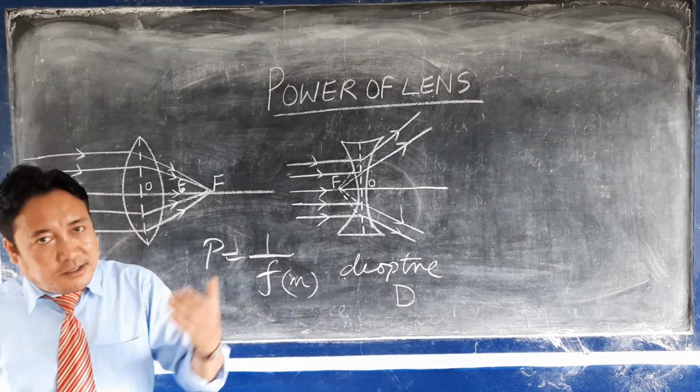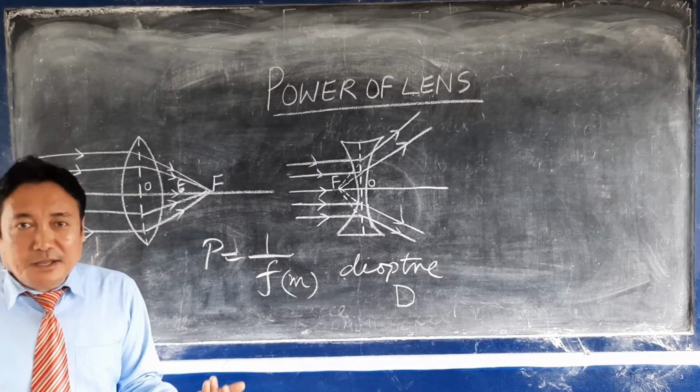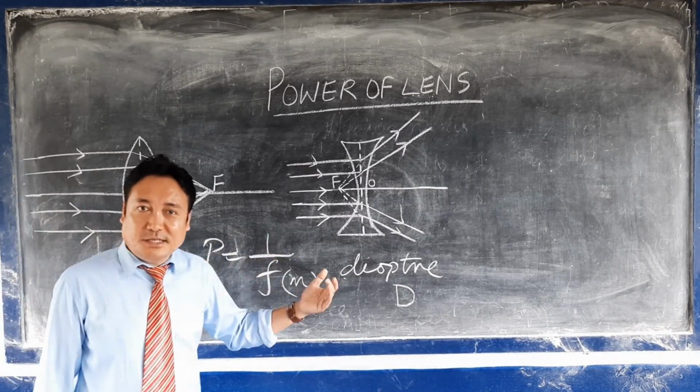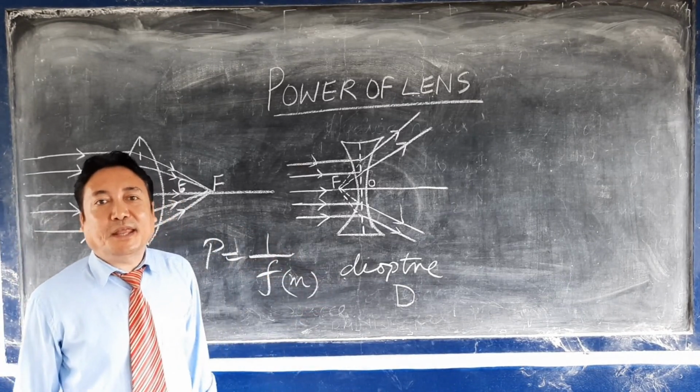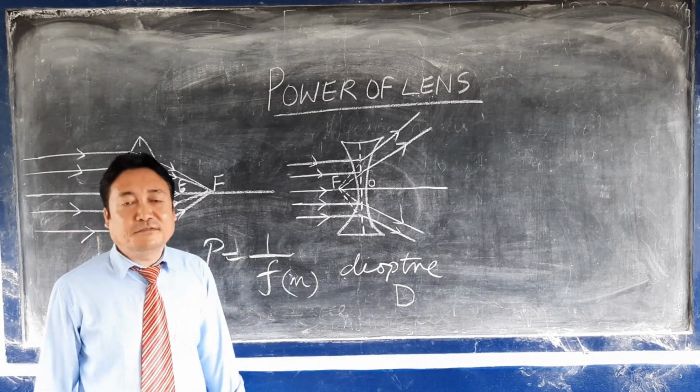In spectacles also, the power can be negative or positive, depending upon the defect of the eye. Let us consider a convex lens.